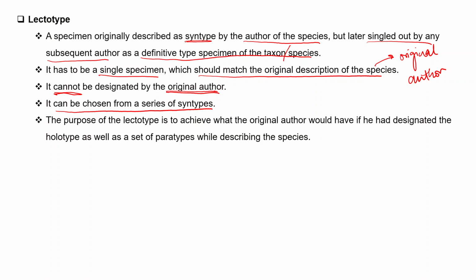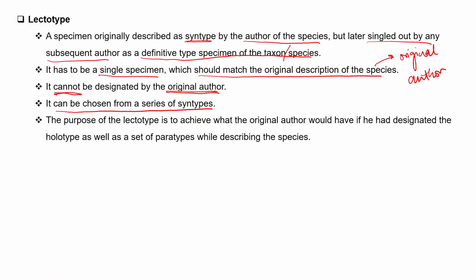So if a new author adds one lectotype to that whole group, we have one more type specimen which will add information to the description of that species. That is why the lectotype kind of duplicates the original author's thoughts.